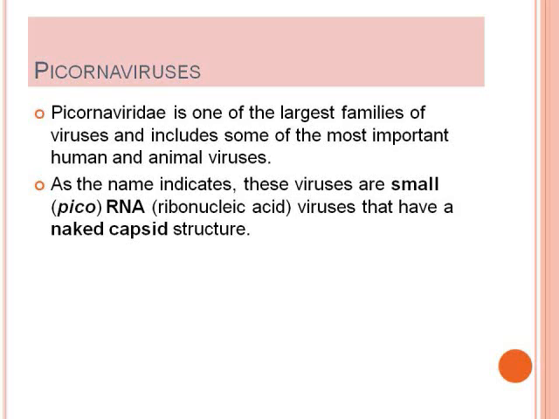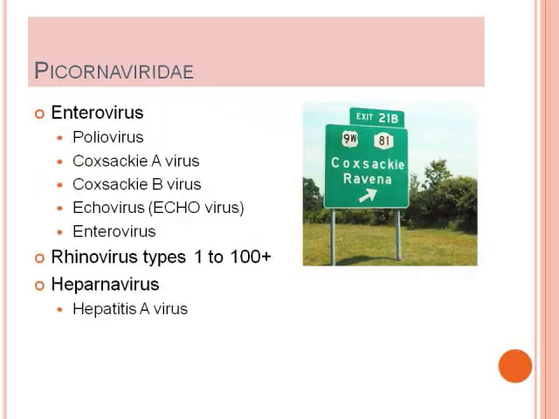And again, as I said the other day, a virus is nothing but bad news wrapped up in a protein. So in this case, the bad news is RNA. So RNA is there, you can see an RNA virus. And this is a list of different viruses that are included in the Picornaviridae family.